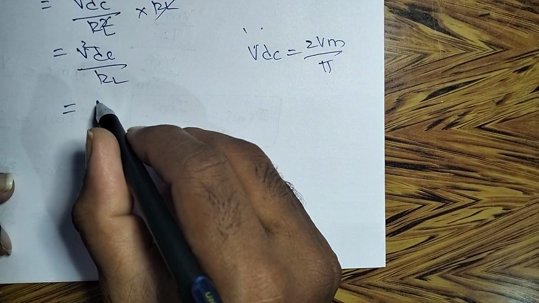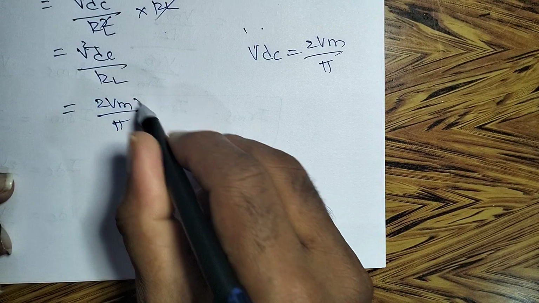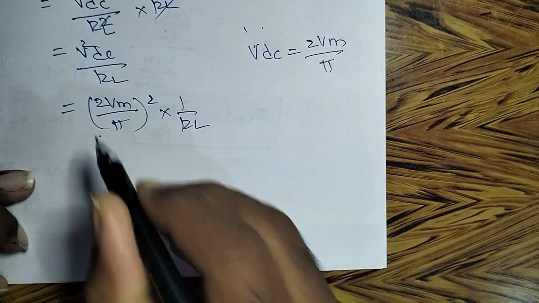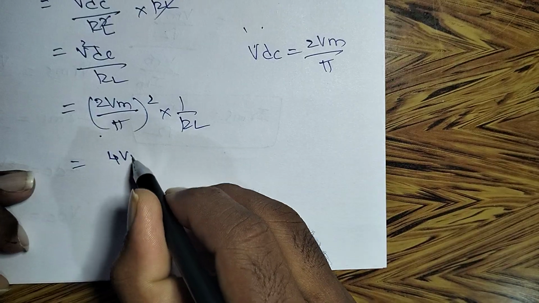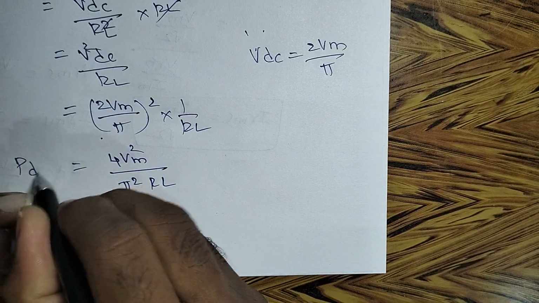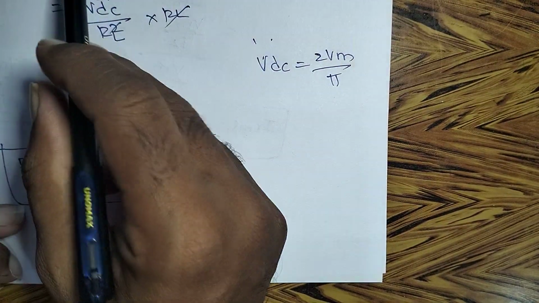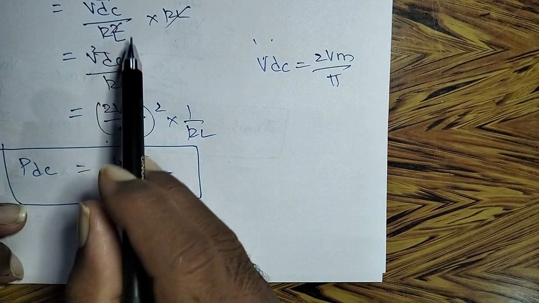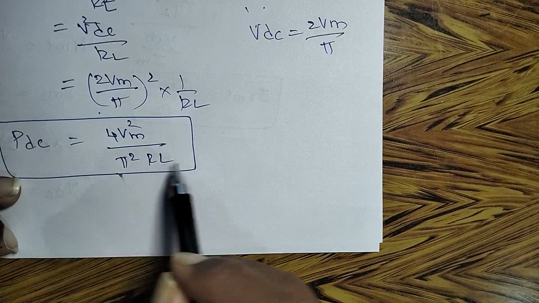Now substitute: 2 Vm by pi whole square into 1 by RL. That equals 4 Vm square by pi square RL. That is PDC. Hope you understand. So PDC is equal to IDC square into RL. Simply according to Ohm's law you substitute here, then by simplification you finally get this expression: 4 Vm square by pi square RL.